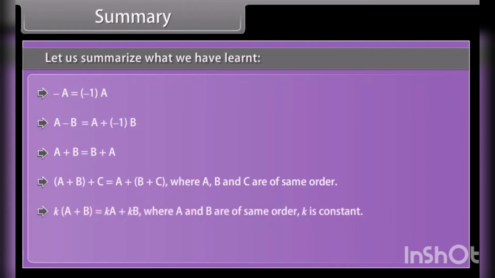K into A plus B is equal to K into A plus K into B, where A and B are of the same order and K is constant. K plus L into A is equal to K into A plus L into A, where K and L are constants.